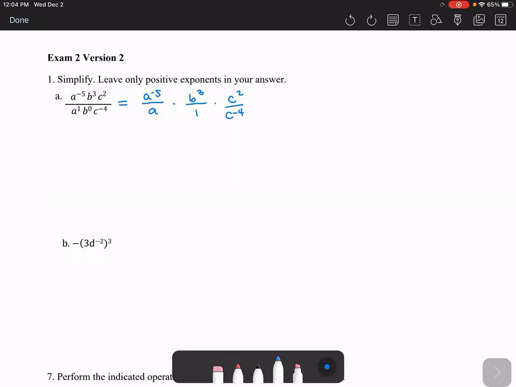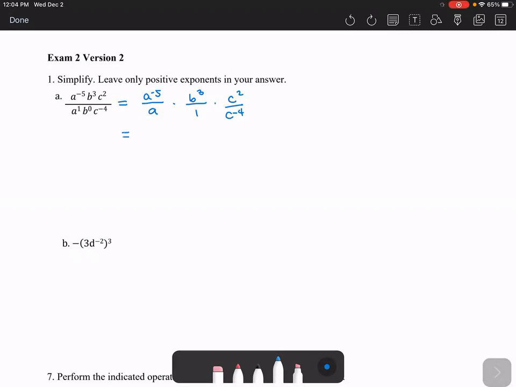Now we can look at what happens with the exponents. Remember that our exponent rule is that whenever we divide terms that have the same base and different exponents, you subtract the exponents. Similarly, if you multiply 2 terms that have the same base and different exponents, you add those exponents.